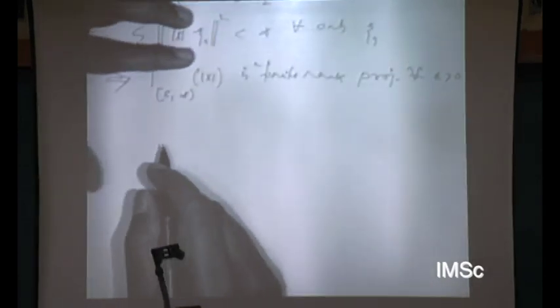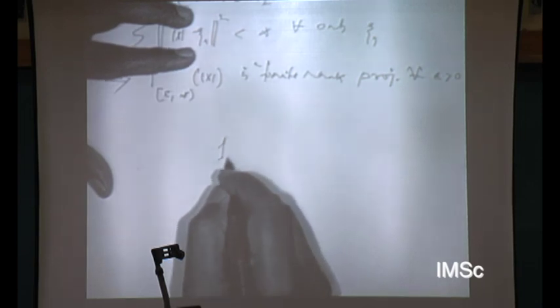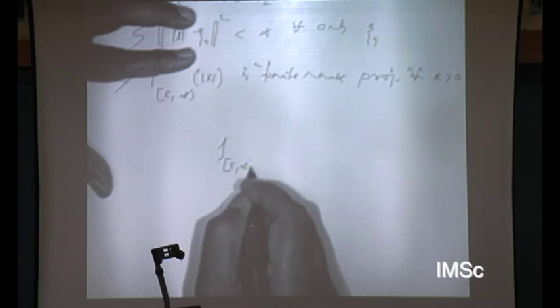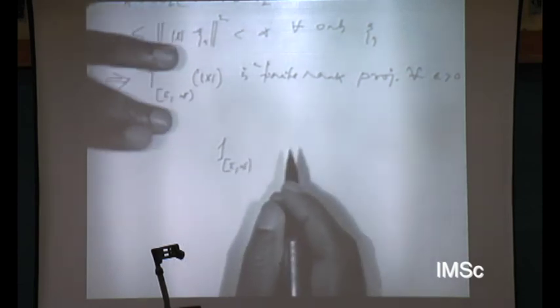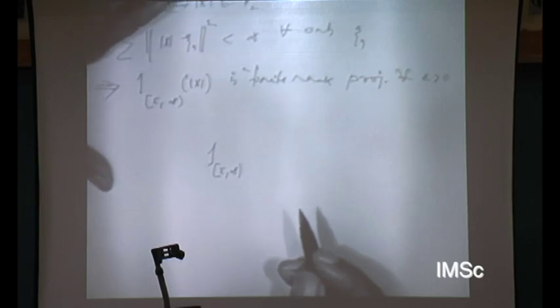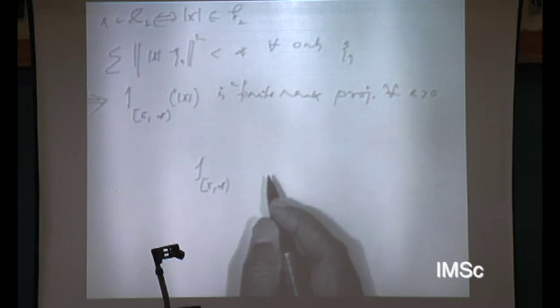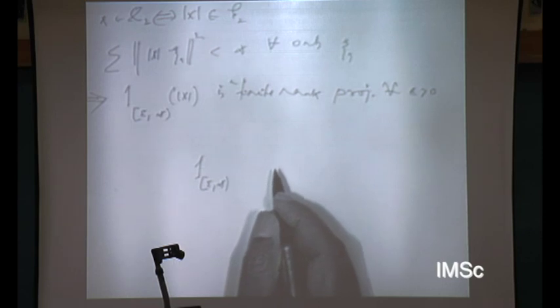Look at the function, the indicator of epsilon to infinity, as a function of t on the real line. What is this? It's a projection of finite rank. That means the range is finite dimensional. It's a projection whose range is finite dimensional.